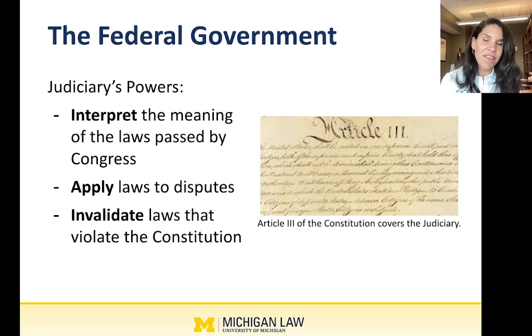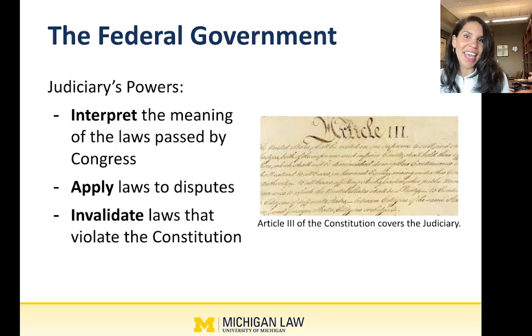And finally, a very important power of the judicial branch is they can invalidate laws that they find violate the Constitution. So the Constitution says a lot of things. It says what Congress can and cannot do. It says what the president can and cannot do. It, as we'll talk in a minute, provides for certain rights for all citizens that cannot be violated.